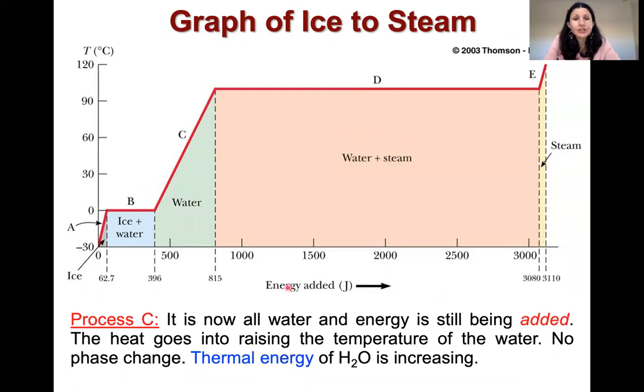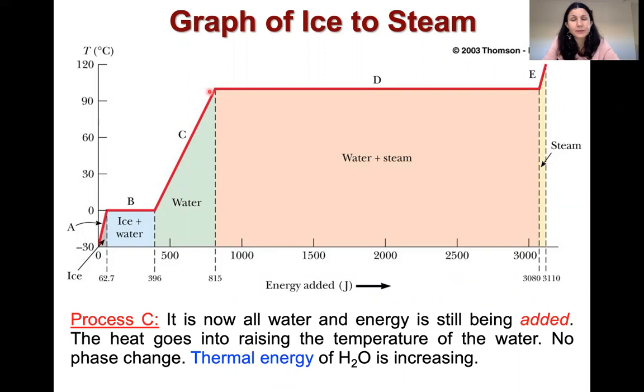All right, and just for completeness, let's go through the rest of this diagram. Process C is kind of similar to process A, except now we're heating up water instead of ice. We start at 0 degrees Celsius, and as we add energy, the thermal energy of H2O will be increasing as the temperature is increasing until we get to 100 degrees Celsius.